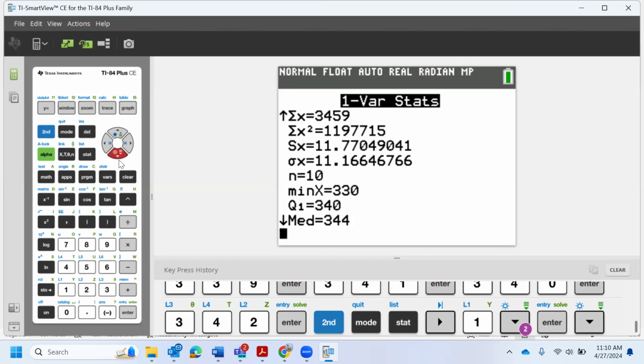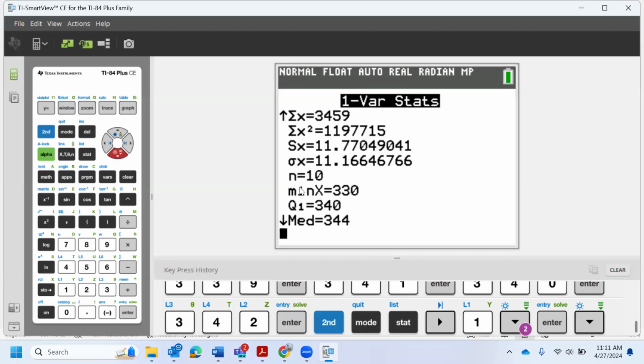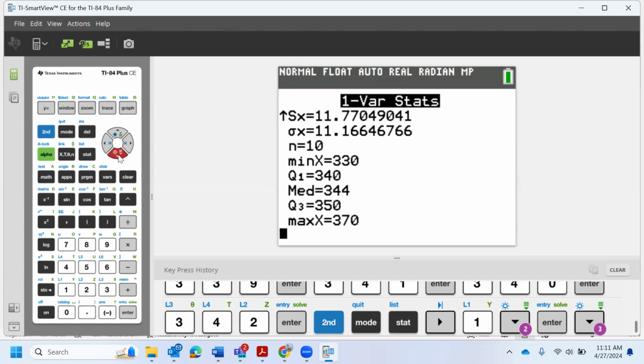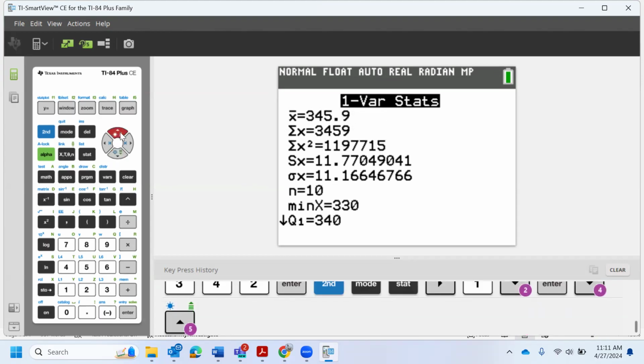And the median, you just have to go down: 344. If you see the questions, they also want the 5-number summary, so you can also copy that. The n is 10, minimum is 330, q1, q3, and maximum. Now I'd like to get your attention.